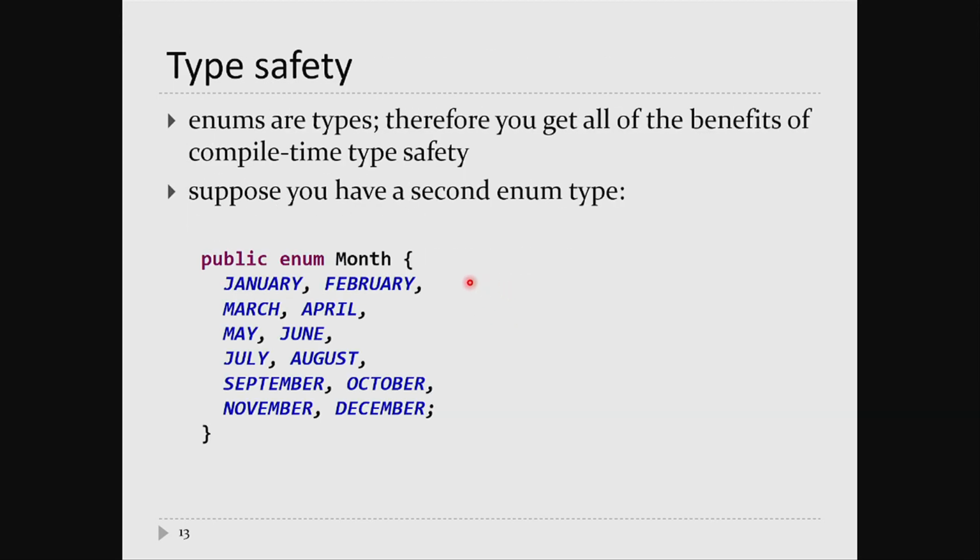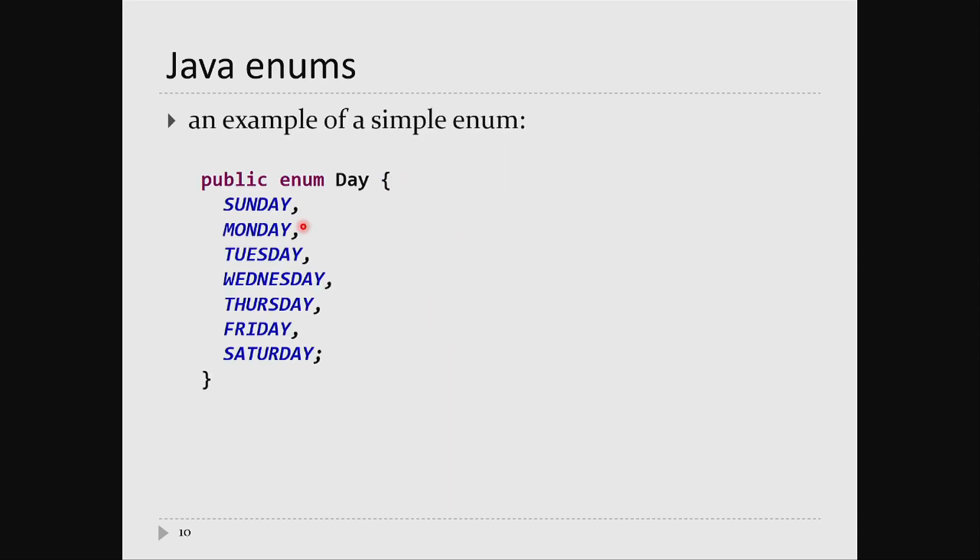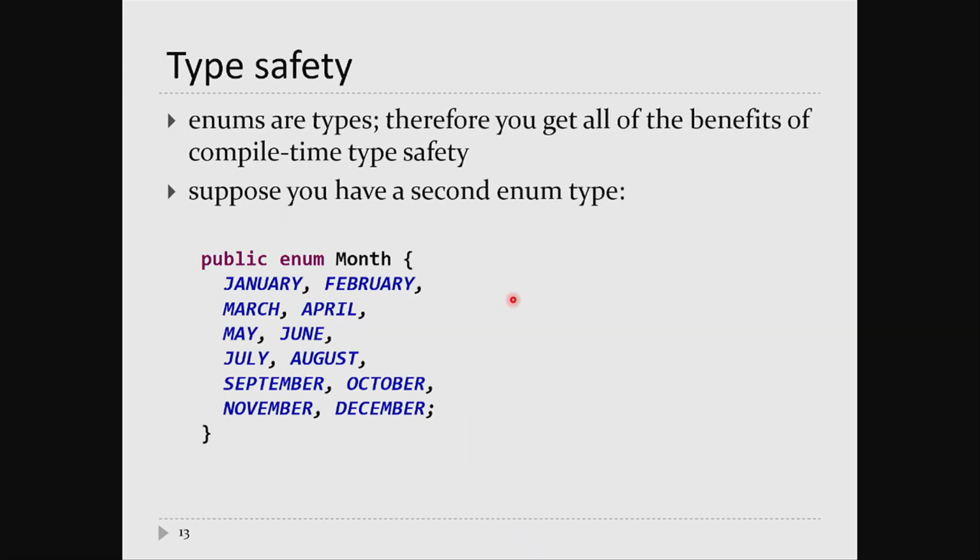Sorry. So suppose you have a second enumerated type. Now before, when I was using an int, January would be 0, Sunday would be 0, and they would both be ints. So there's no way I can stop any method that takes an int from accepting a month or a day.